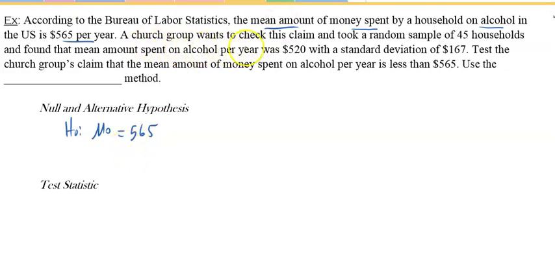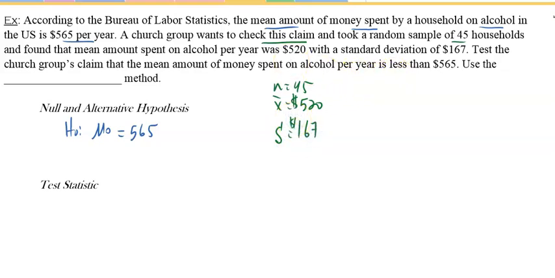A church group wants to check this claim and took a random sample of 45 households and found that the mean for those 45 is 520 with a standard deviation of $167.